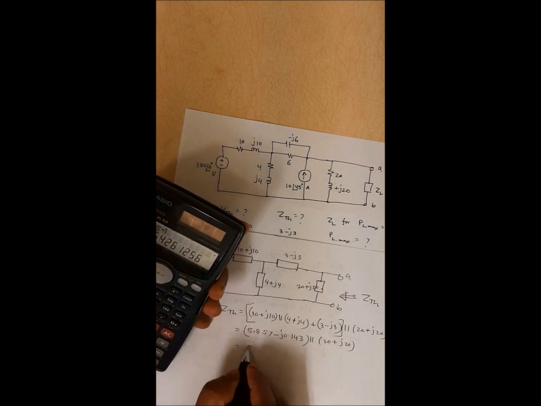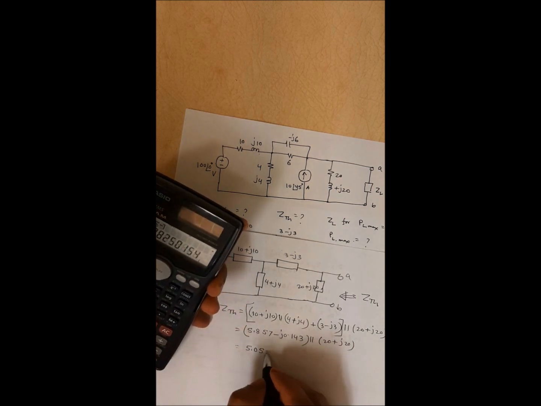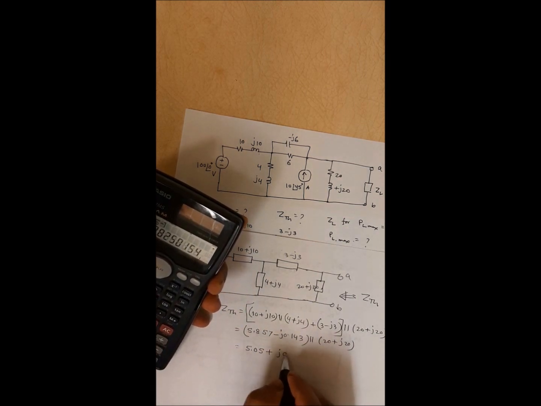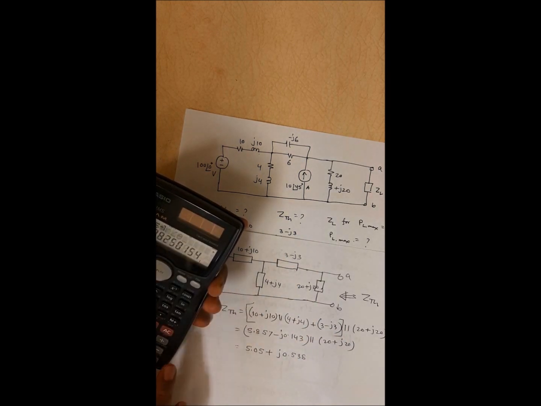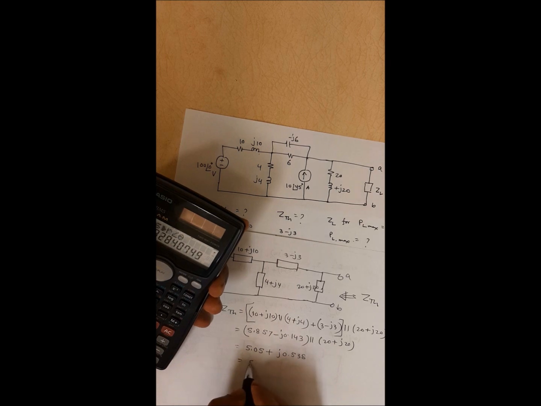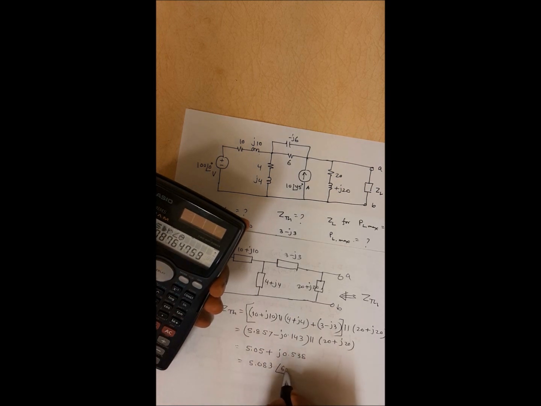So that becomes 5.05 plus J0.538, or in polar form 5.083 at an angle of 6.078. So this is the impedance. Once you get Thevenin voltage and Thevenin impedance, you can find the Thevenin equivalent circuit.